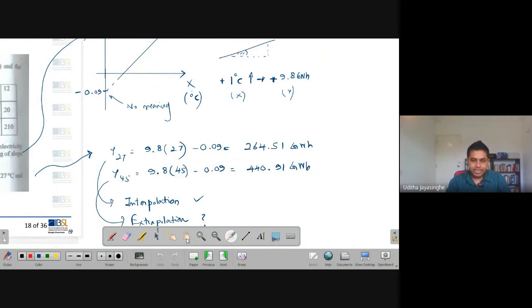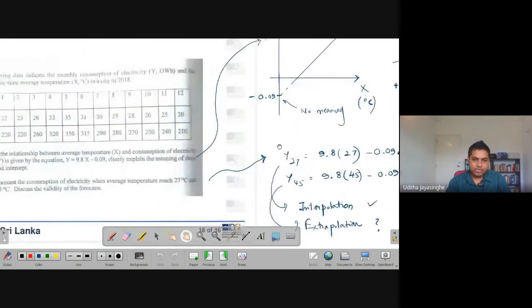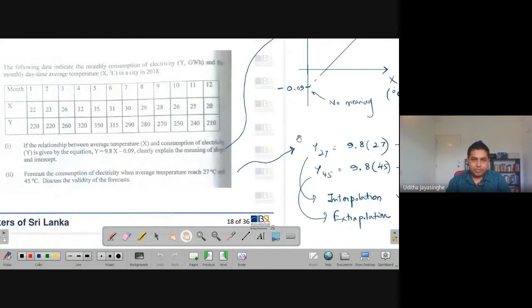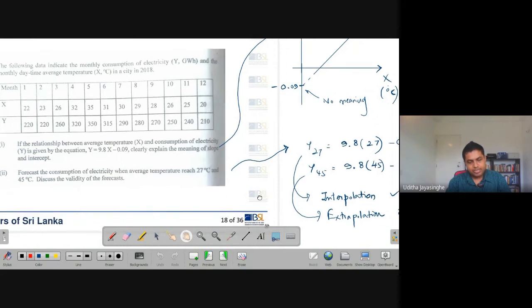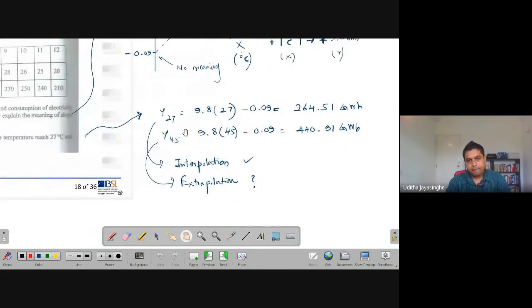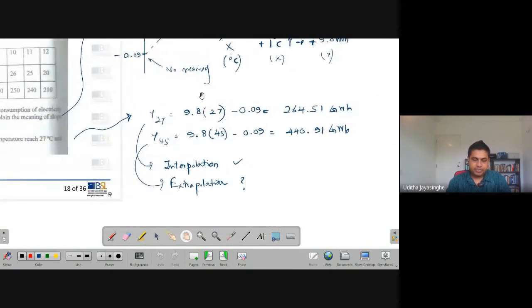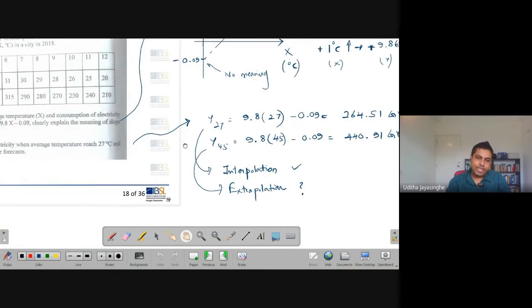Again, it's the same argument. If you look at the values 27 and 45, the value 27 is within the range of data that we used here, but 45 is an extreme point. So what we discussed previously is valid for interpolation. 27 we can be happy with, but for 45 we can have a question mark.